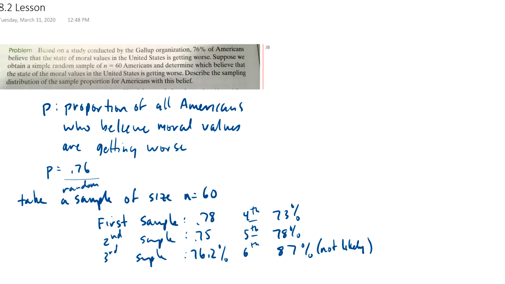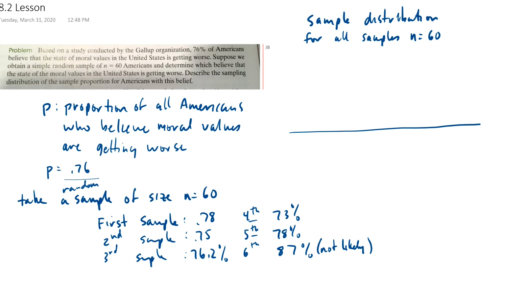Okay, so let's draw a sketch. Let's do the sample distribution for all samples where n is 60. I'm going to put 76 on here.